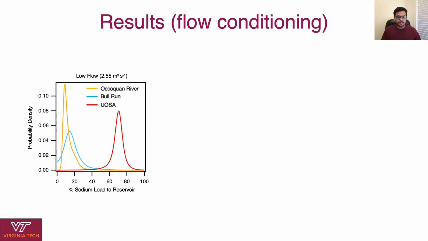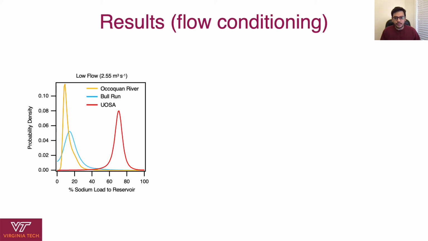This plot represents probability density functions of percent contribution of sodium mass load to the reservoir from all 3 sources, conditioned on low flow. The important feature of each curve is the range of values on the horizontal axis for which there is a non-zero probability.